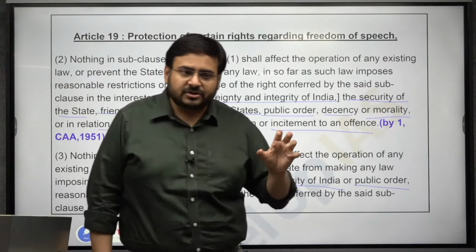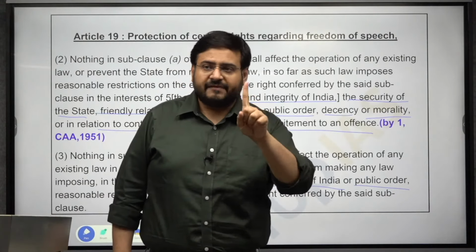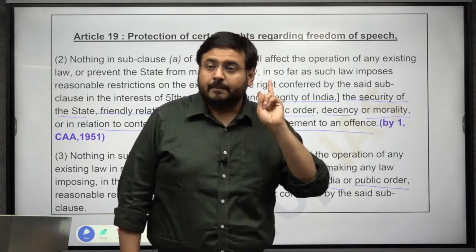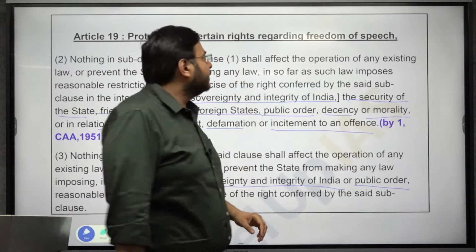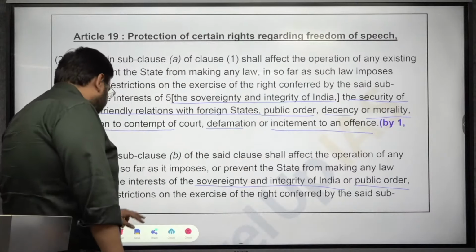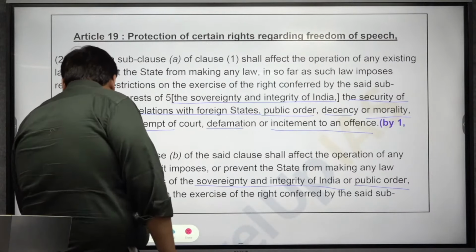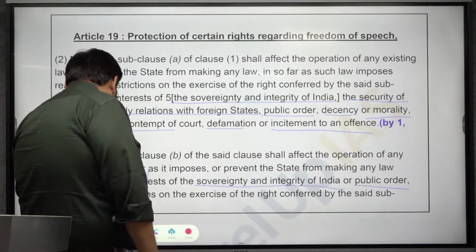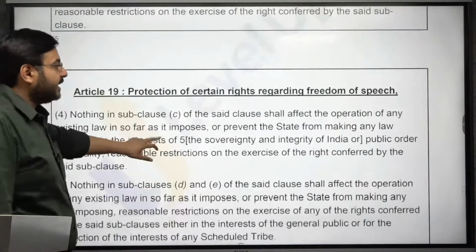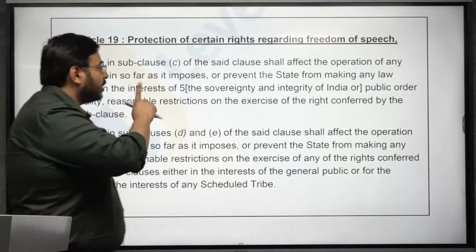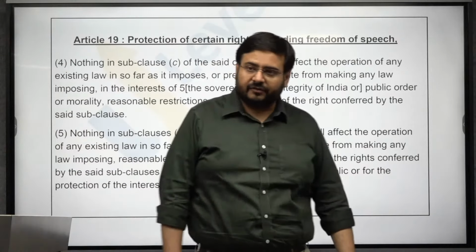You can form any association, but it should not be affecting sovereignty, integrity of India, public order and morality. Must ensure that any such association that you are forming should not be affecting the public order, morality and sovereignty and integrity of India.